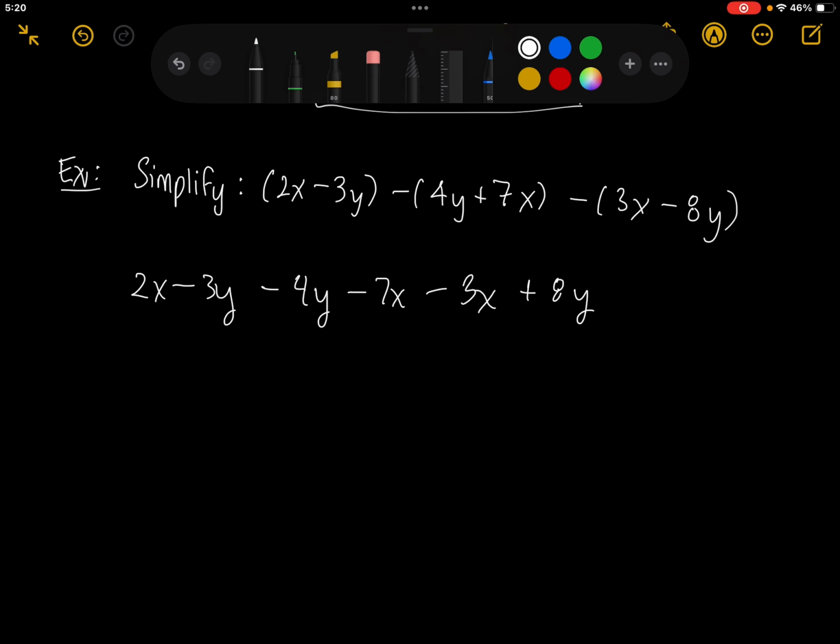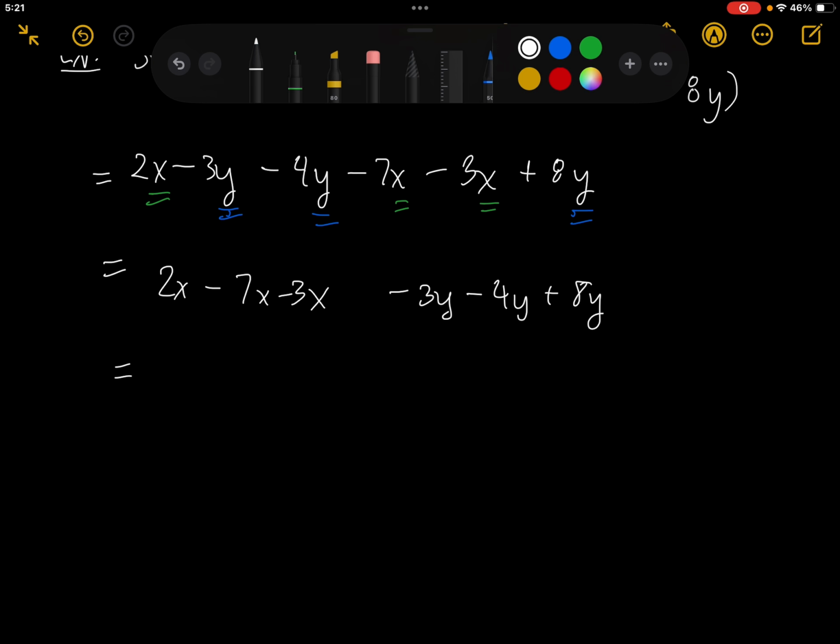Now I'm going to combine the terms together. So I have the x terms, right? I have a 2x, and then I look at each term, where do I see the x's? I have an x there, I have an x there. So it's 2x minus 7x minus 3x. Now I look for the terms with the y's. So I have a y there, a y there, and a y there. So I'm going to get minus 3y minus 4y plus 8y.